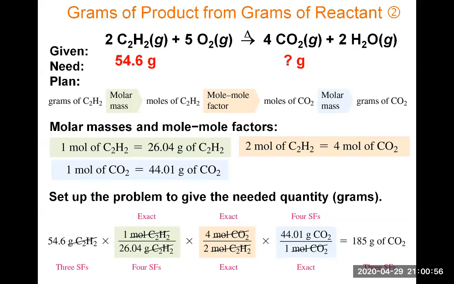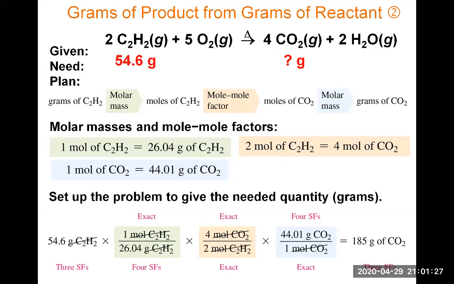And because we have moles of acetylene in the numerator in the first conversion factor, then we want the second conversion factor to have moles of acetylene in the denominator so that we can cancel units. And so you will have then the 2 moles of acetylene on the bottom and 4 moles of CO2 on top. The third conversion factor will convert the moles of CO2 back to grams of CO2.